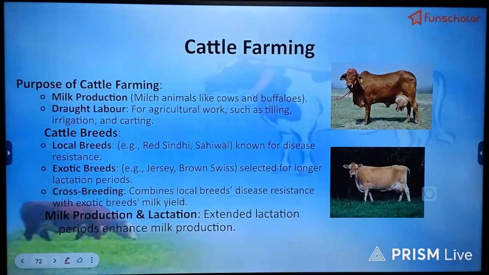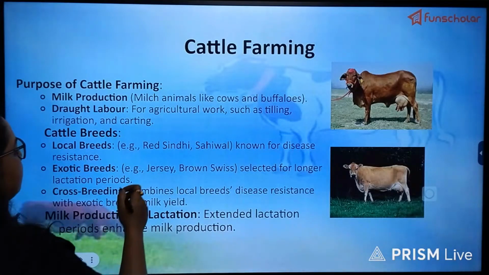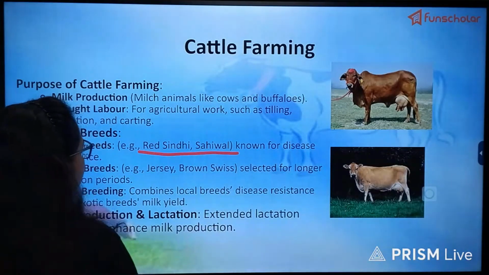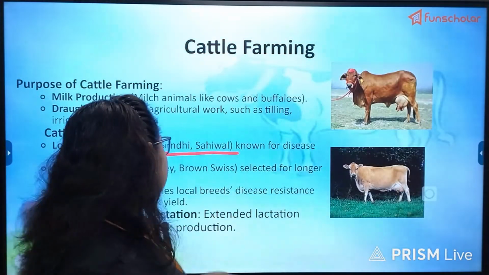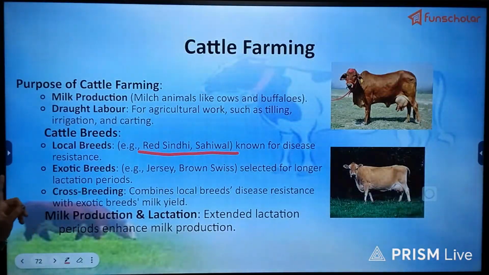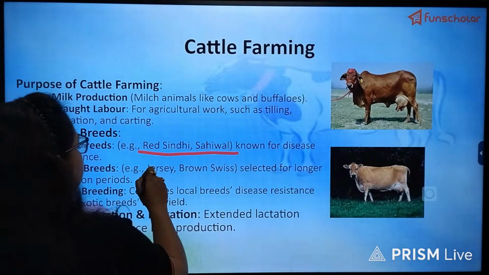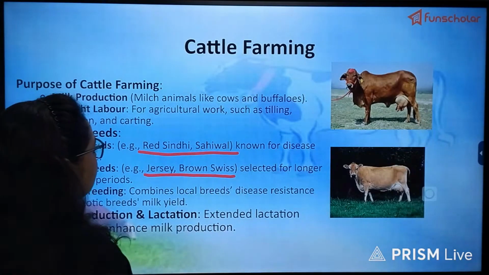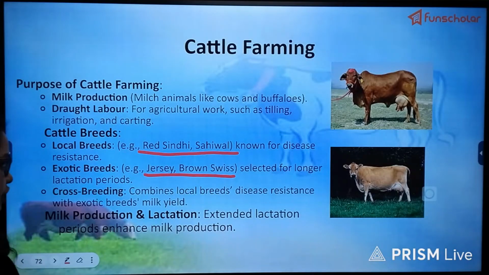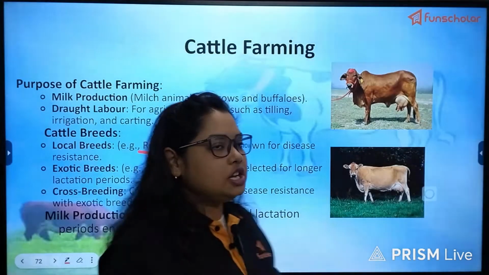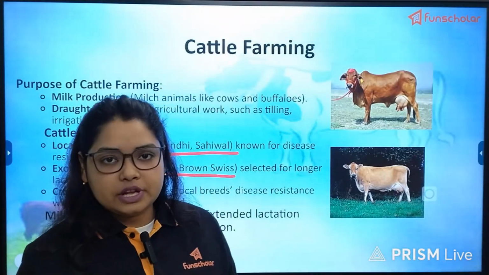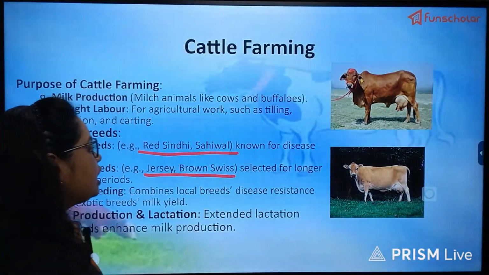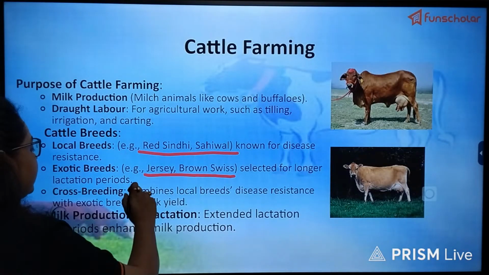The local breeds of India, for example Red Sindhi and Sahiwal, have good resistance to diseases. So they are bred with exotic breeds like Jersey and Brown Swiss, which are selected for longer lactation period. Now imagine if both the breeds are crossed, then the offspring that will be produced will give us a long lactation period.